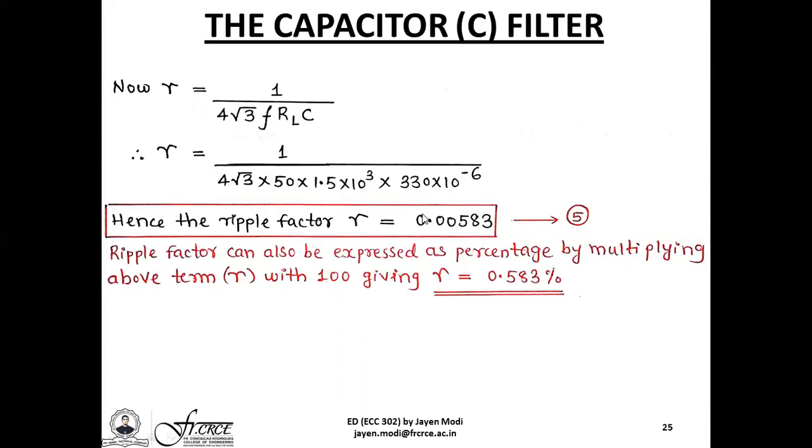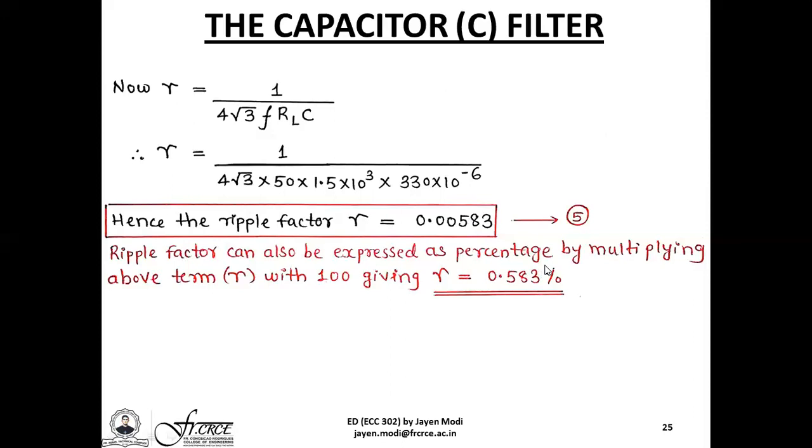It is always advisable to take around 5 to 6 places after the decimal point, because these values are typically very small. You can also express ripple factor gamma as a percentage by simply multiplying the above term by 100, giving gamma is equal to 0.583%.